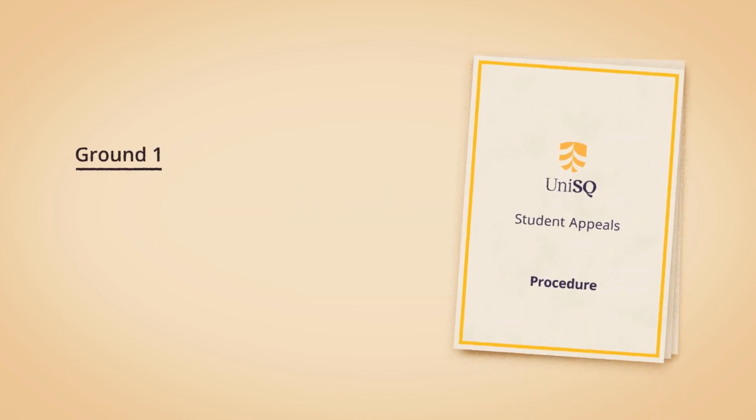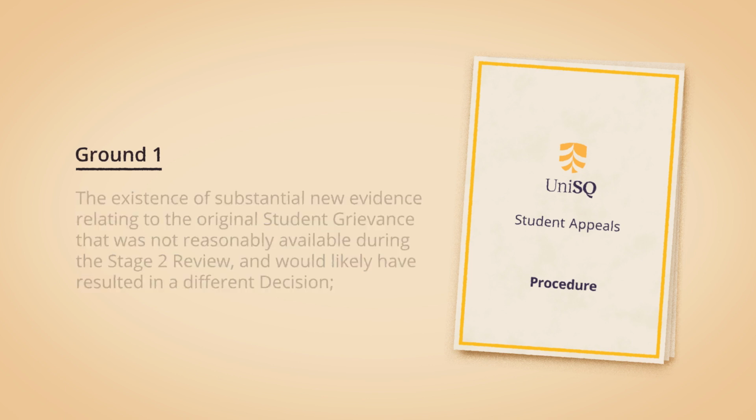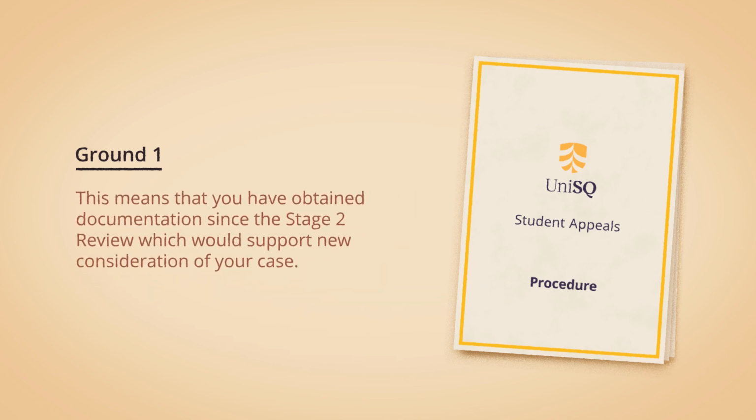These include 1. The existence of substantial new evidence relating to the original student grievance that was not reasonably available during the Stage 2 review and would have likely resulted in a different decision. This means you have obtained documentation since the Stage 2 review which would support new consideration of your case.